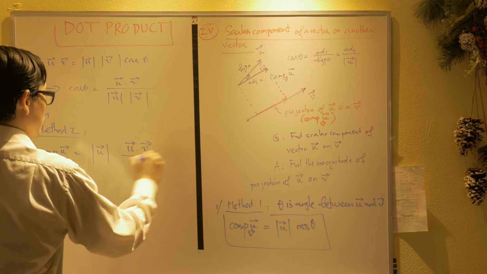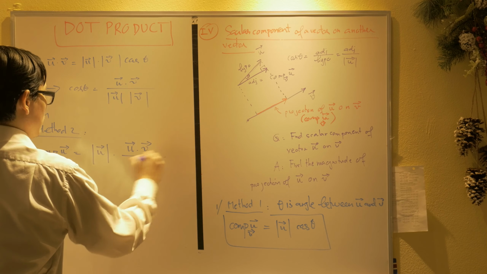Then my scalar component of u on v becomes the vector u times vector v over the magnitude of vector v. Okay, that's the second formula.